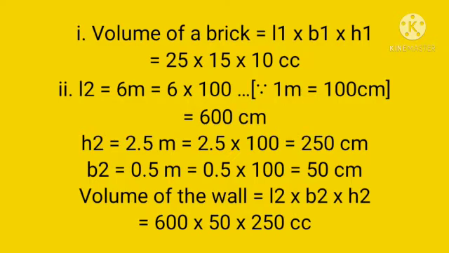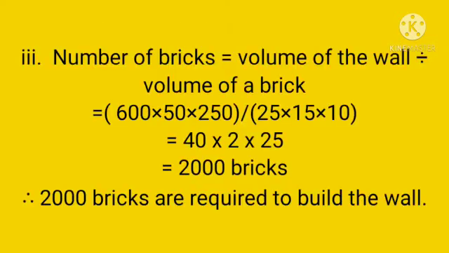Now, volume of the wall is equal to L2 multiplied by B2 multiplied by H2. Let us substitute their values. So, volume of the wall is equal to 600 multiplied by 50 multiplied by 250 cubic centimeters. Number of bricks is equal to volume of the wall divided by volume of a brick.